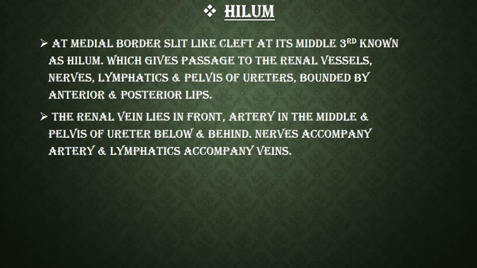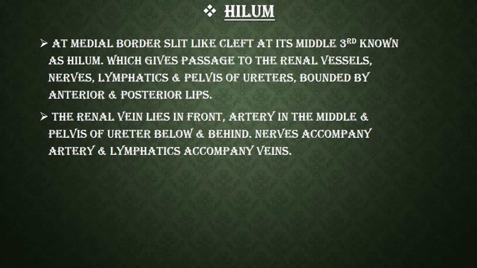The renal vein lies in front, the artery in the middle, and the pelvis of the ureter below and behind. One of the arteries lies behind the pelvis, and nerves accompany the artery and the lymphatics accompany the veins.